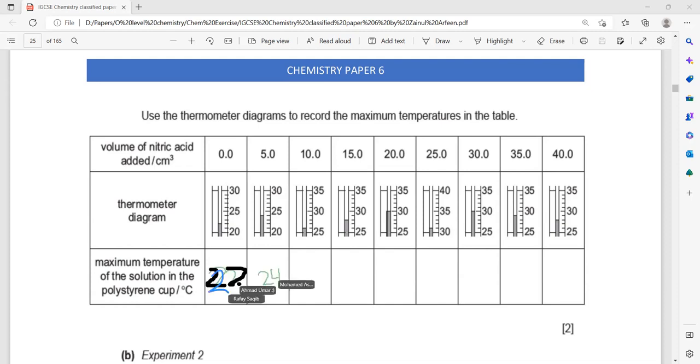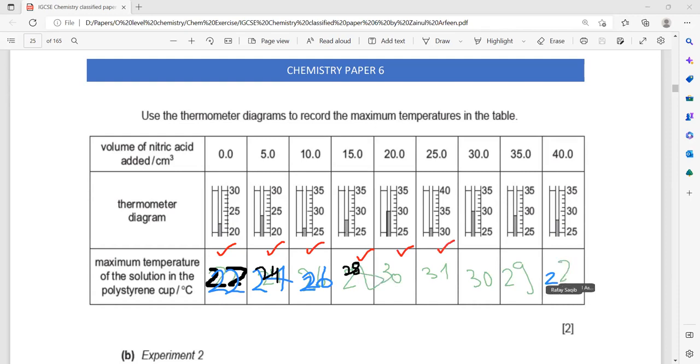So the first one is 22, second is 24, third is 26, then 28, 30, 31, 30, 29, 28. So these are the temperature readings according to the thermometer.